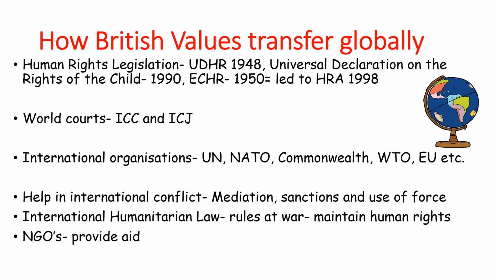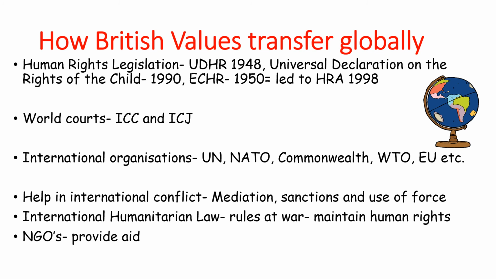On top of that, you've got the Universal Declaration on the Rights of the Child, which was made by the UN in 1990. The ECHR came from the European Council that was made in 1950, and our Human Rights Act in 1998.